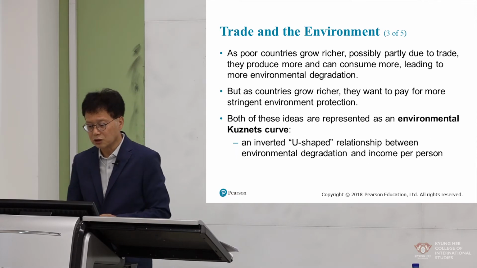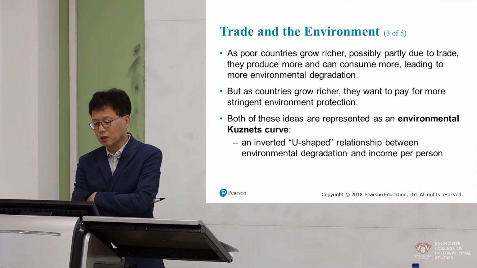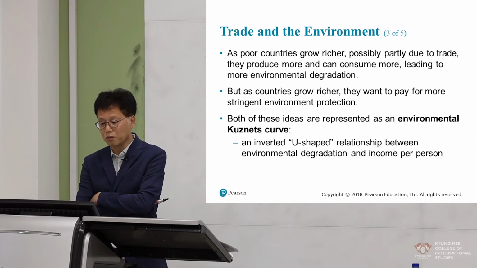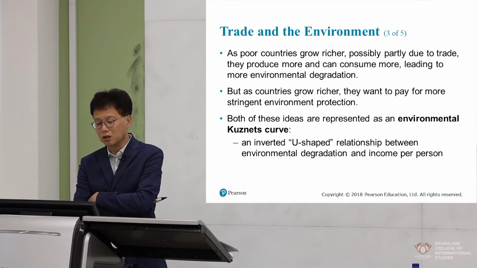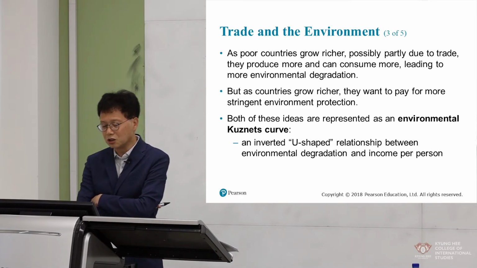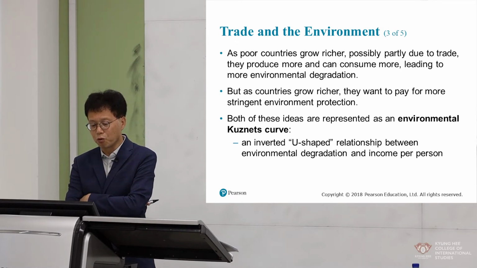As poor countries grow richer, partly due to trade, they produce more and can consume more, leading to more environmental degradation. Production and consumption is the main reason for environmental degradation instead of trade. But as countries grow richer, they want to pay for more stringent environmental protection.